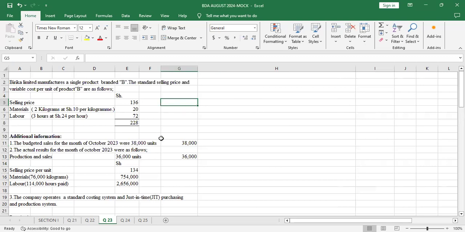So I'll do what we call the budgeted contribution. So let me calculate the budgeted contribution. It will be the selling price, which is 136, minus the variable cost, which is material 20 and labor 72. So this is what we call budgeted contribution.